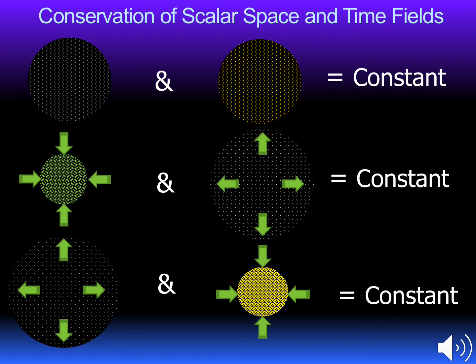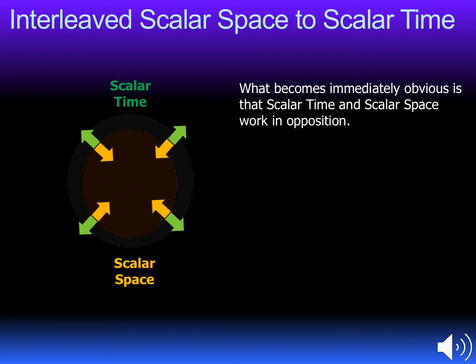So just a quick diagram that shows that as scalar space contracts, scalar time expands, and as scalar space expands, scalar time contracts, and the combined amount is always a constant. Okay. Because of this conservation, as soon as scalar space begins to contract, scalar time begins to expand, and so these two move in opposition to each other.